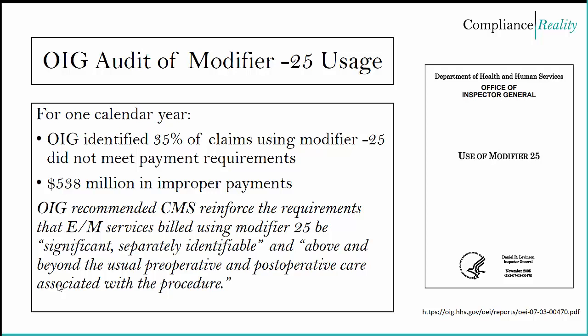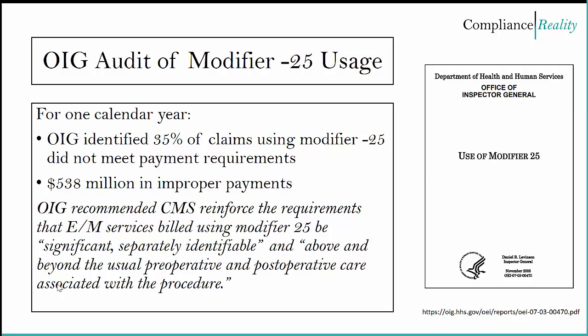So that's more than 1/3, just around 1 out of 3 claims that used Modifier 25 did not meet the payment requirements. And this equated, for their sample and for the year that they were looking at, to $538 million in improper payments that they estimated. Again, that was just for one calendar year. That's a lot of money.